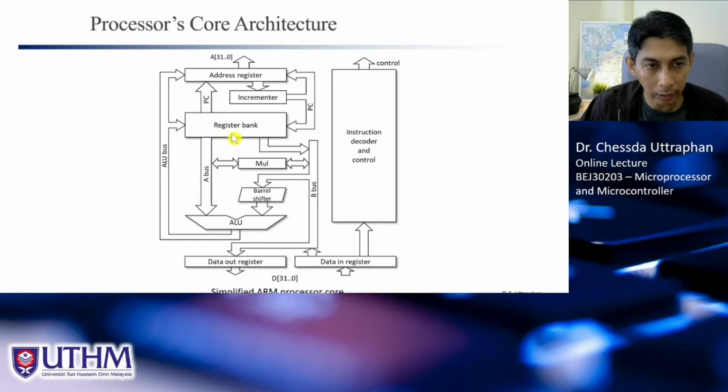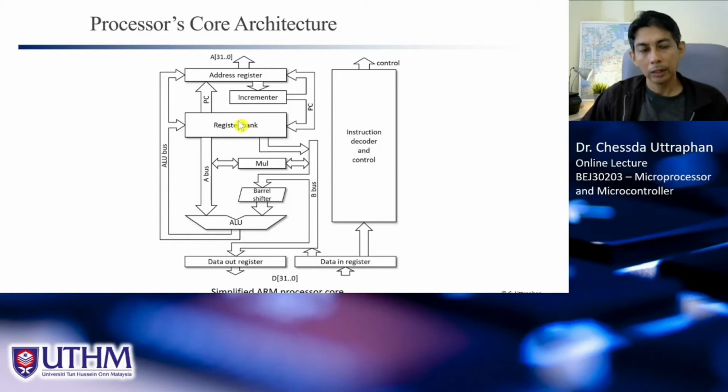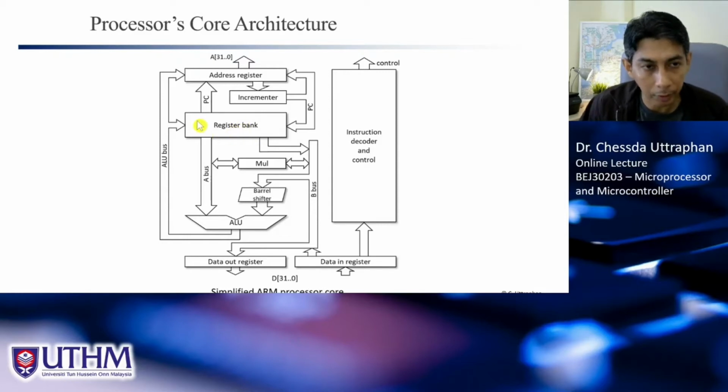So in the register bank, there will be many general purpose registers that we can use for general purpose data processing, right? Later on, we will see we have R0, R1 until R15 in the register bank. And we have the A bus here to feed the ALU also from the register bank, and also the B bus from the bank.